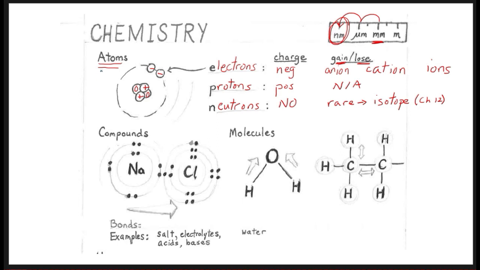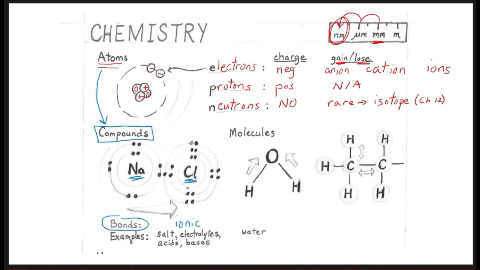Let's put some atoms together and form compounds and molecules. I want to talk about compounds that are formed when you make ions first. The first type of bond we'll talk about is an ionic bond, here with sodium, symbolized Na, and chloride, symbolized Cl.